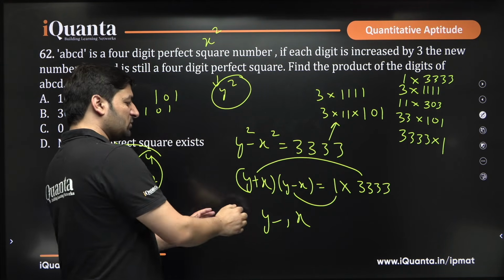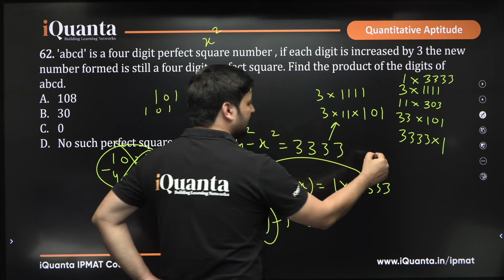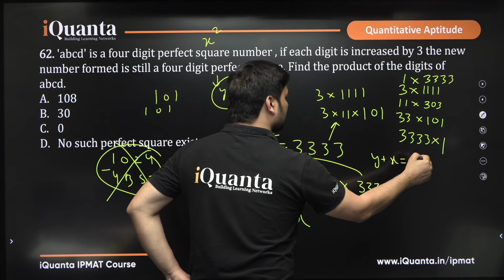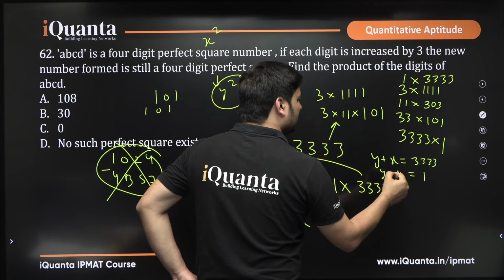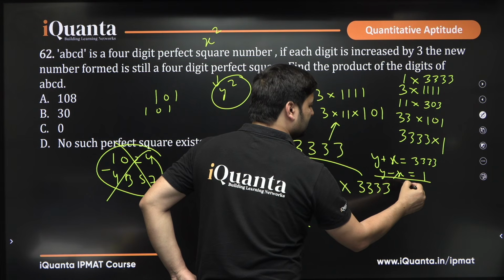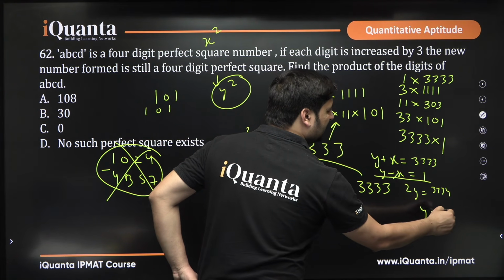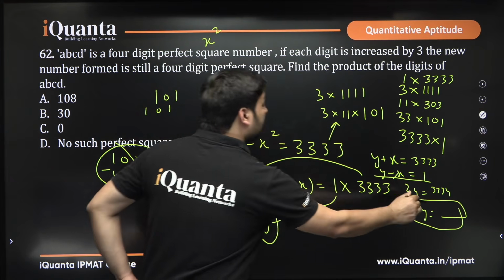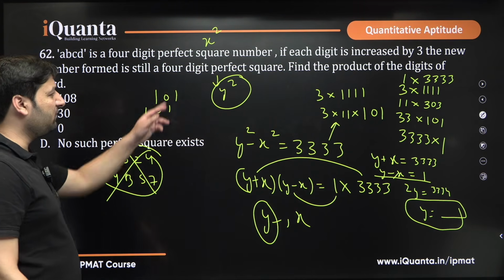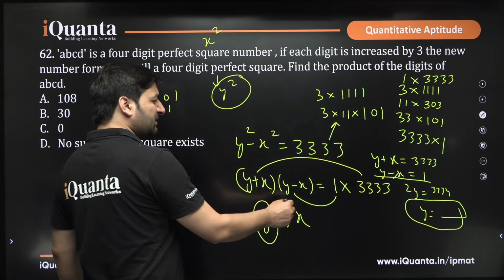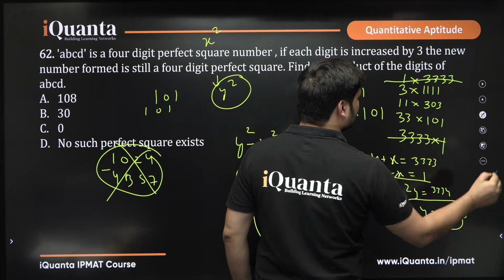If you square that 4-digit number, it becomes a bigger number, bigger than 4 digits. So this solution will not be taken, this will be cancelled.